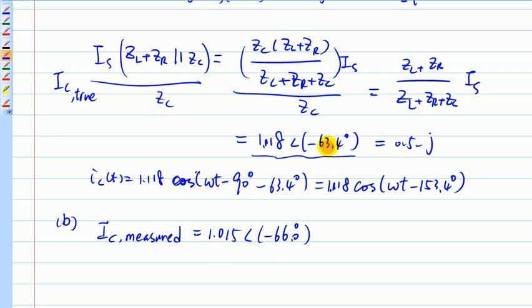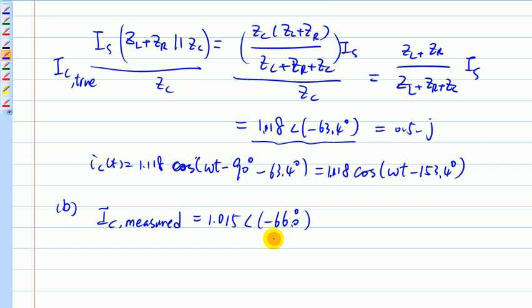The phase is also a bit different, right? So that's what they call the loading error for AC circuits. And you're looking for percentage of magnitude error, so you subtract this and divide it by this: the error divided by 1.118, you get the percentage.